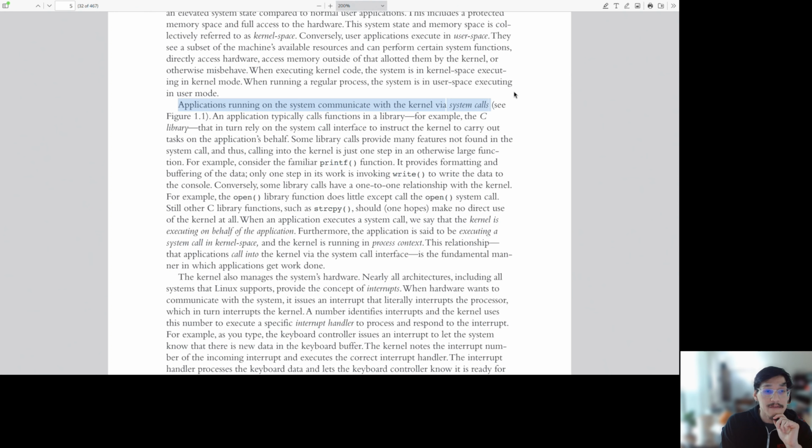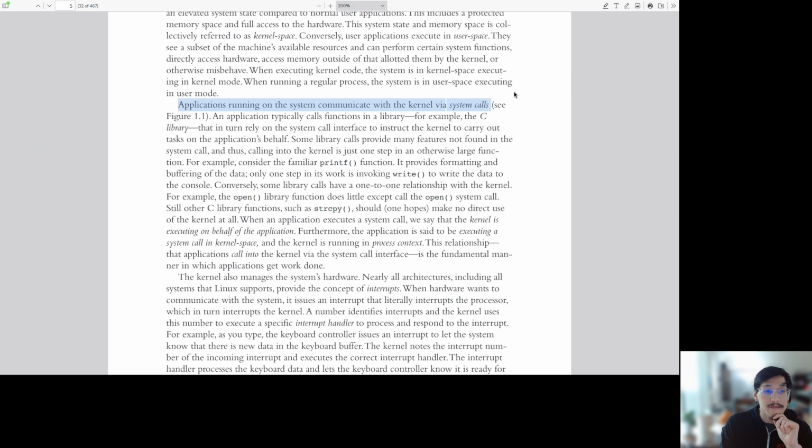An application typically calls functions in a library, for example the C library, that in turn rely on the system call interface to instruct the kernel to carry out tasks on the application's behalf. Some library calls provide many features not found in the system call, and thus calling into the kernel is just one step in an otherwise large function.